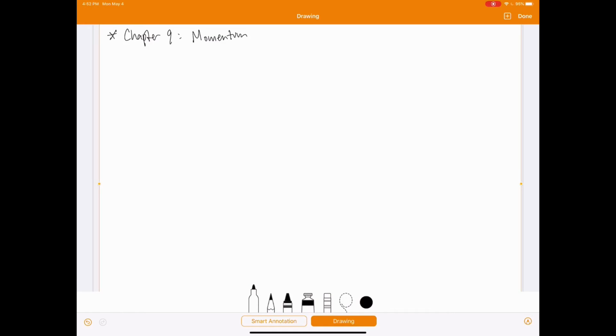And there's a lot to say here in chapter 9. So the first thing is just to define some basic terms. When we use the word momentum, conceptually, you can think of momentum as being a measure of how difficult it would be to bring a moving object to a stop.